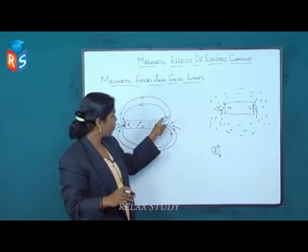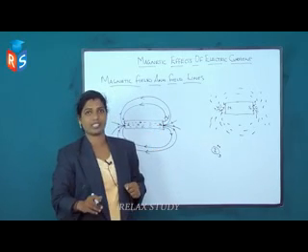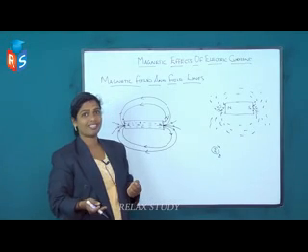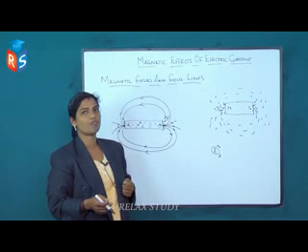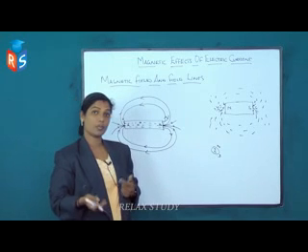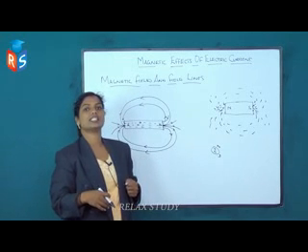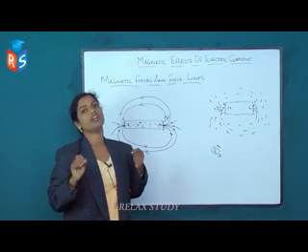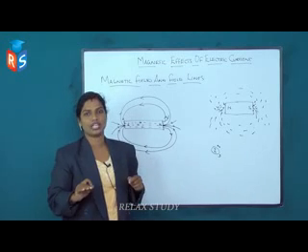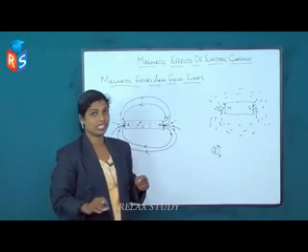So a point of intersection is impossible, since you can't expect the compass placed at that point to point in two different directions. So we conclude that it is impossible to have an intersection of field lines; no two field lines are expected to cross each other.